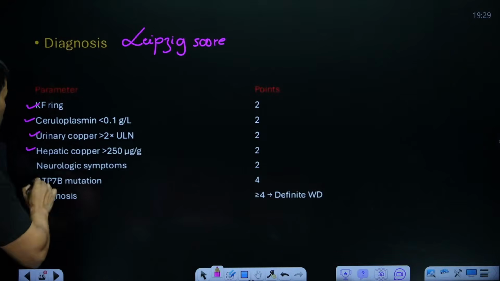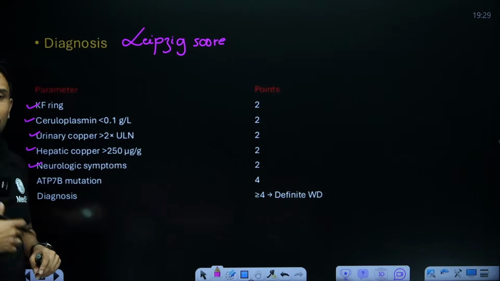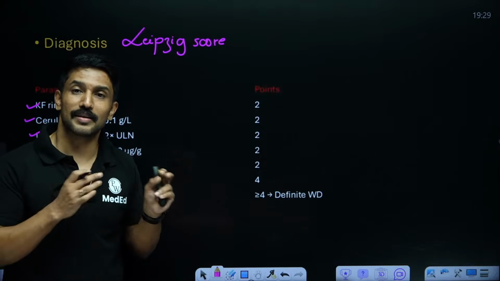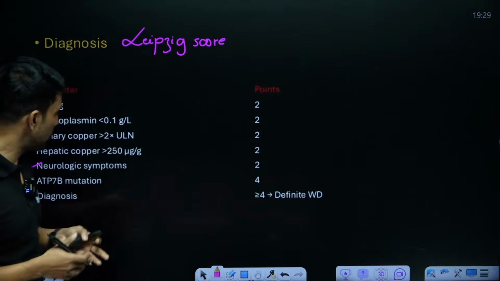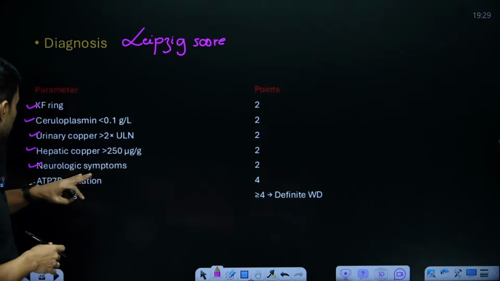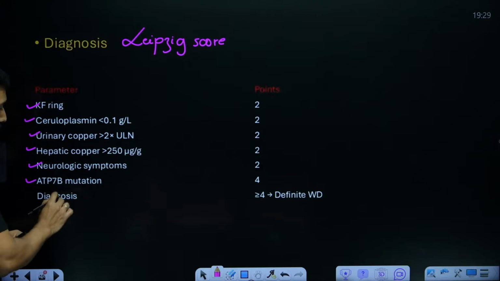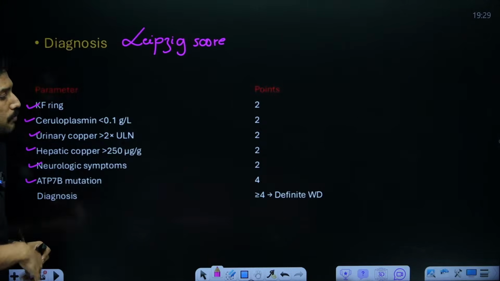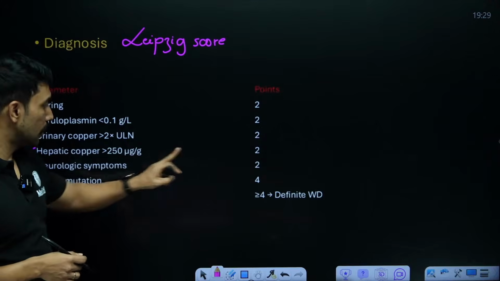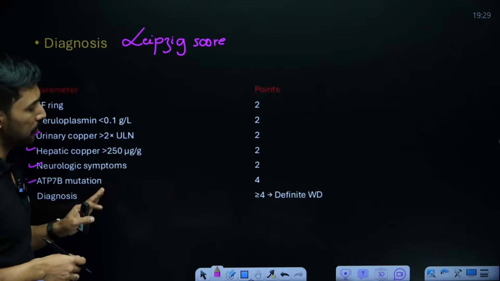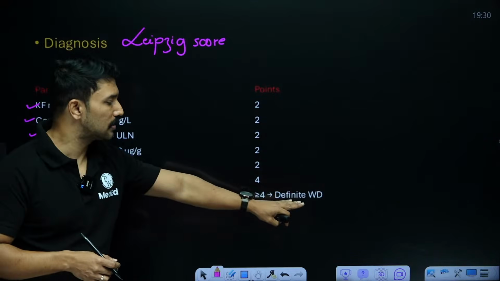If neurological symptoms, what are the neurological symptoms? Dystonia, dysarthria, Parkinsonism, and the classical wing beating tremors. If any of these are there, you give 2 points. The last one, the genetic study done for the ATP7B mutation. If it is present, you give 4 points. And if a patient has 4 or more points, it is definitive Wilson disease.